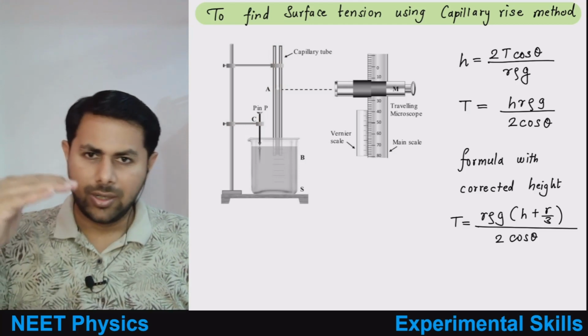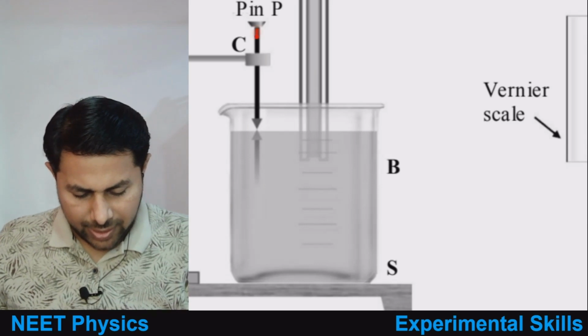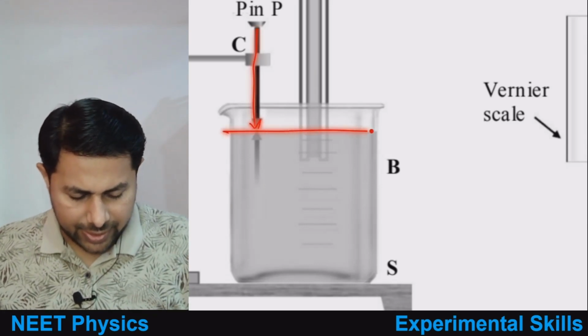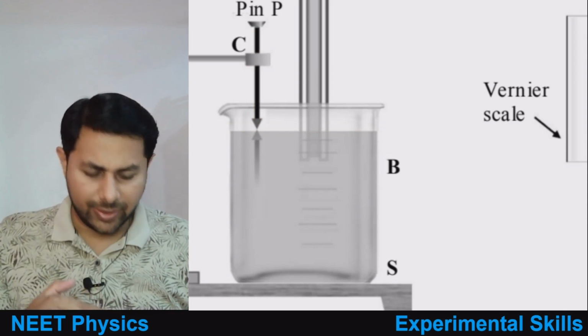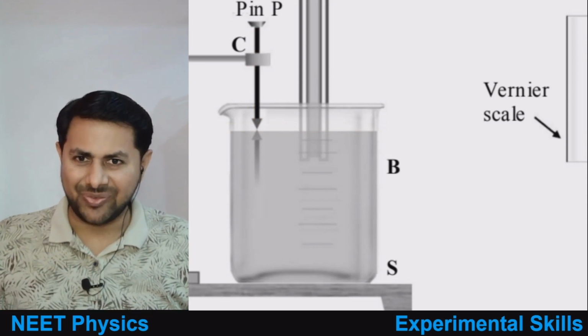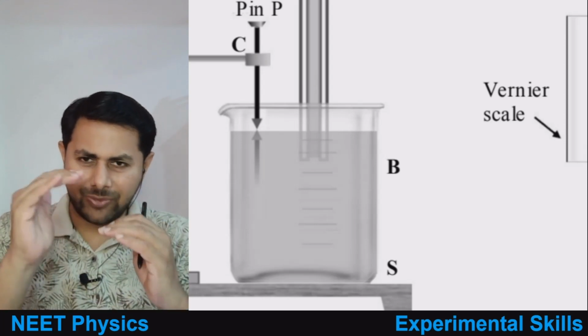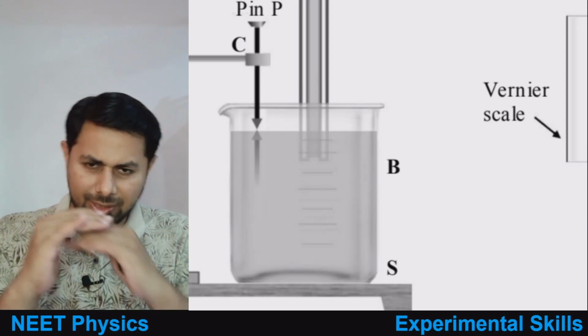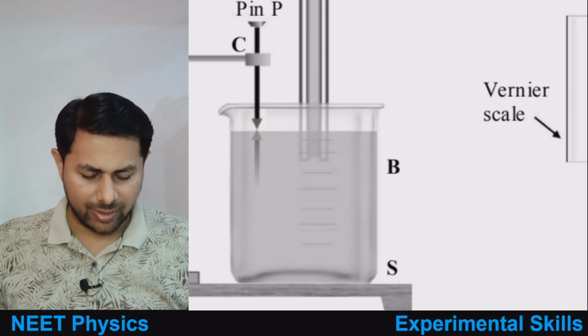You will adjust the location of the pin in such a way that the tip of the pin just touches the water level. It doesn't enter the liquid, and there won't be any distance between the surface of the liquid and the tip of the pin, right?